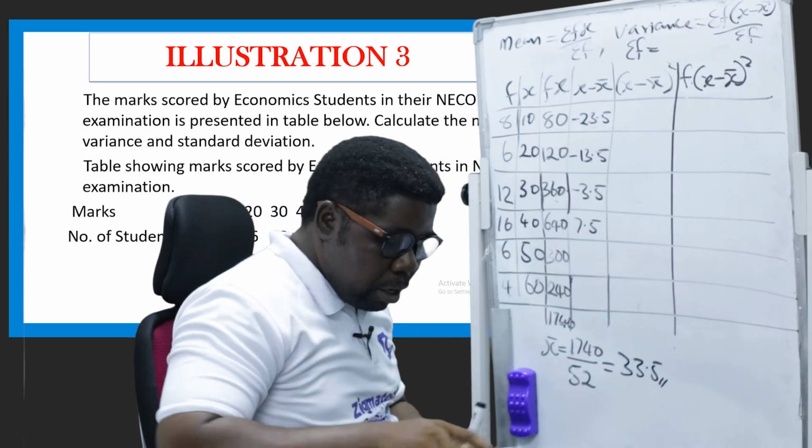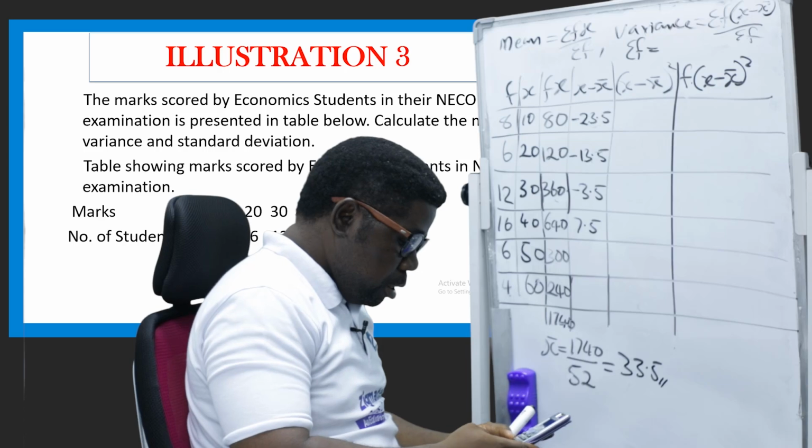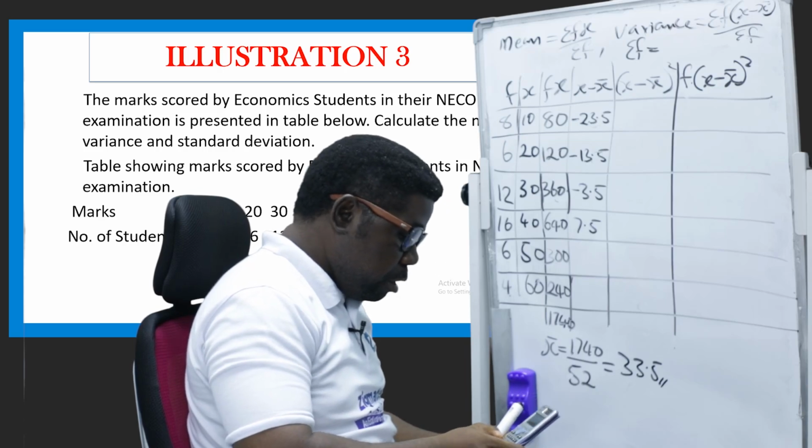No, let's be sure. So we'll have 40 minus 33.5.